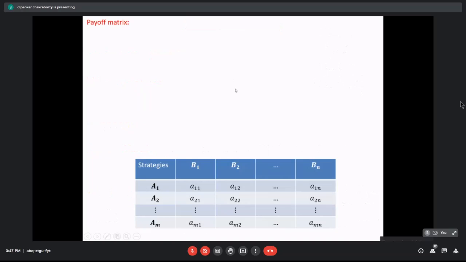Now, the next thing you need to know is the payoff matrix. The payoff matrix will give you the idea of how much money is going to be gained by player A and lost by player B. The payoff matrix basically looks like this. Remember one thing: normally in the problem, A is always the maximizing player.